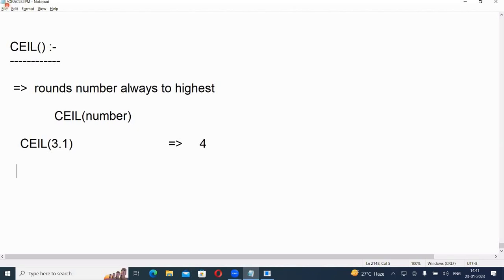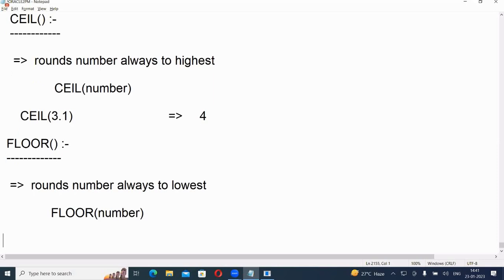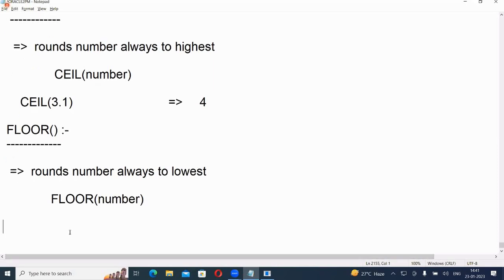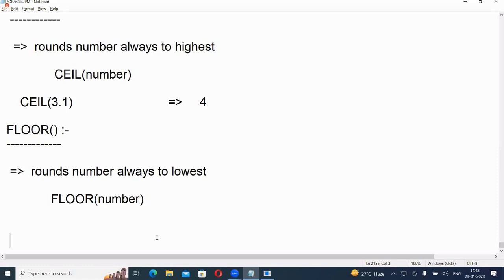Next. Similarly, there is floor. Ceiling, flooring. Floor rounds the number always to the lowest. Floor of number, always to the lowest. This takes one argument.